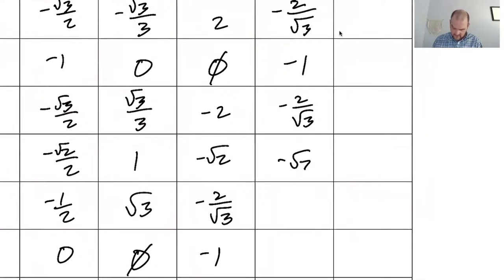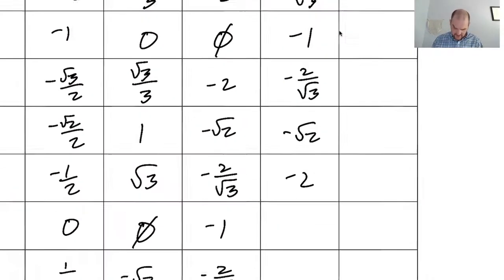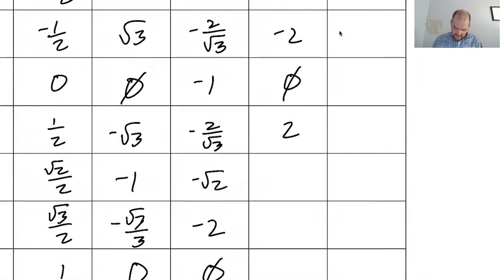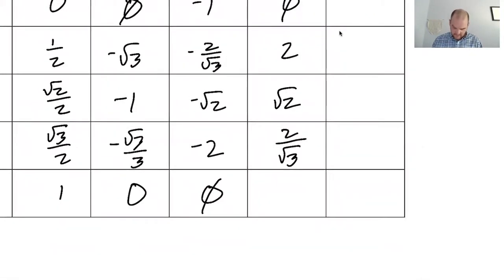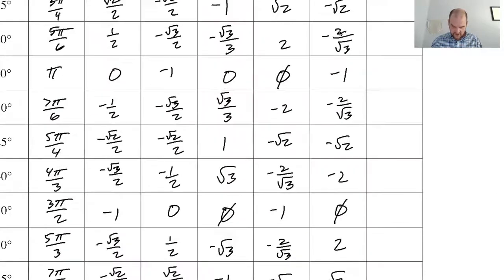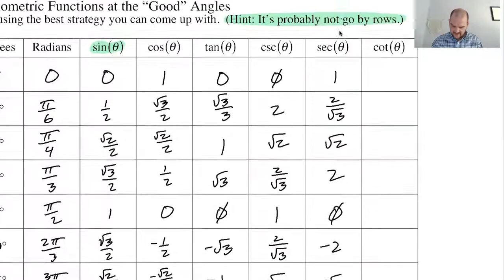Rationalize this one. I don't know why you'd ever have to fill in this chart, to be honest. Can't divide by 0, 2, root 2, because we rationalize that one. This one's 2 over root 3, because we don't. And you just get 1. All right, so assuming I went down the right column, yeah, I think that worked.